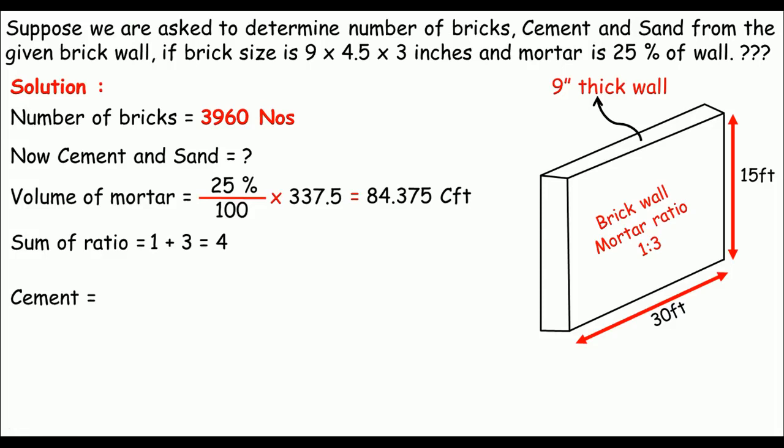It must be the ratio of cement, which is 1, times the volume of mortar, that's known, but the volume of mortar is in the form of wet. We have to convert this into dry volume, and to convert this we'll have to multiply with 1.27.